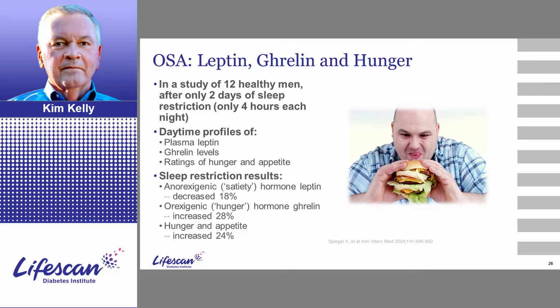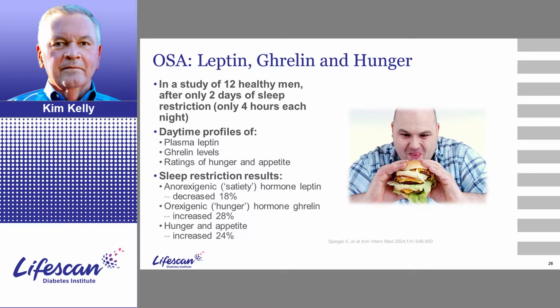With sleep restriction, the satiety hormone leptin was decreased, the hunger hormone ghrelin was increased, and the hunger and appetite on the questionnaire was also significantly increased. So it looks as though obstructive sleep apnea increases appetite, and that may well predispose to yet increasing body weight over time.